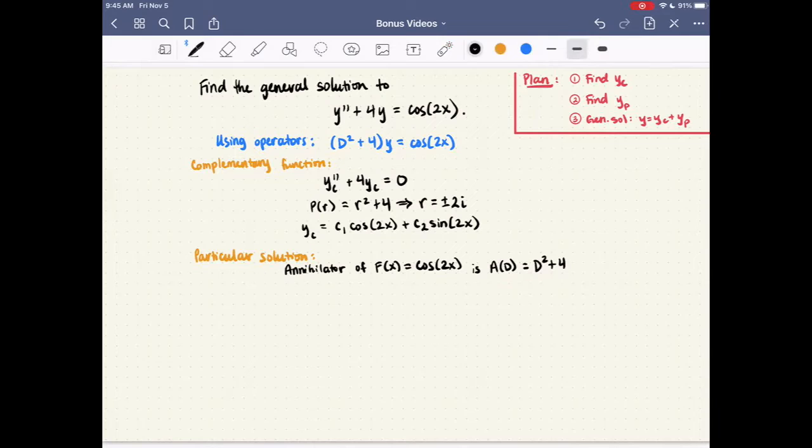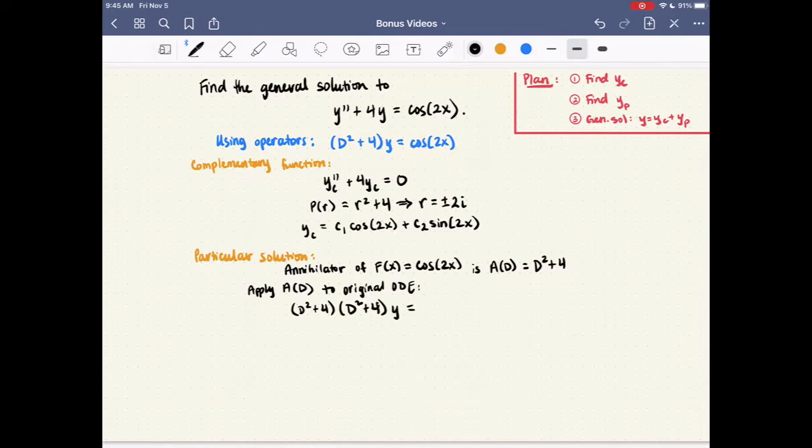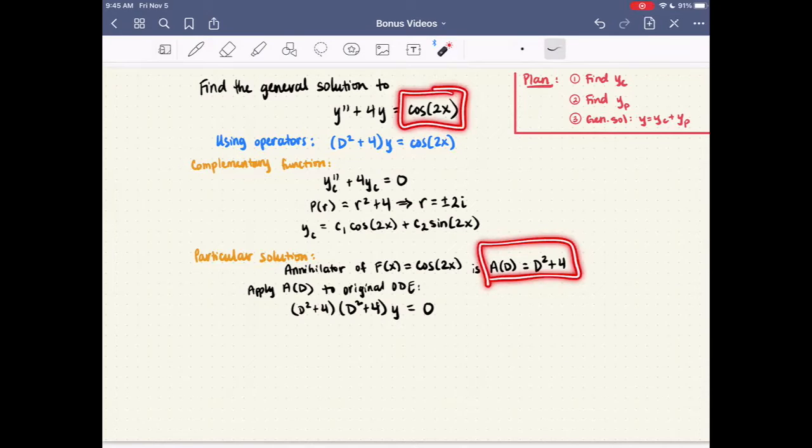Then we apply A of D to the original ODE, to both sides. On the left, we would get D squared plus 4, D squared plus 4, all applied to y. And on the right, we would get 0, because if I apply the annihilator A of D to this right-hand side, I'll get 0. That's exactly how we chose this operator.